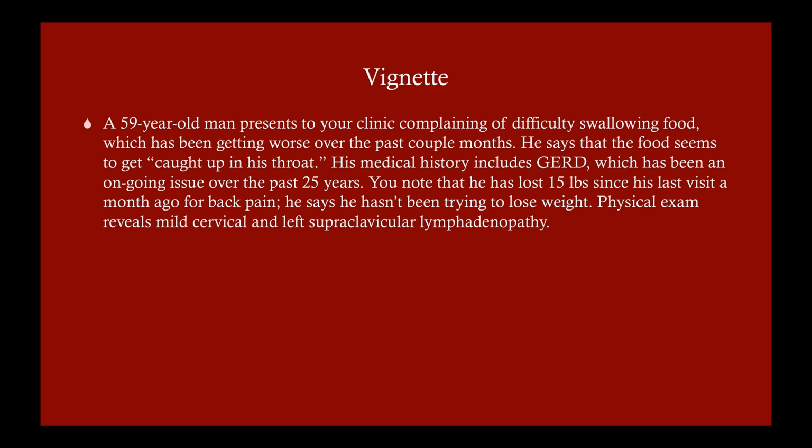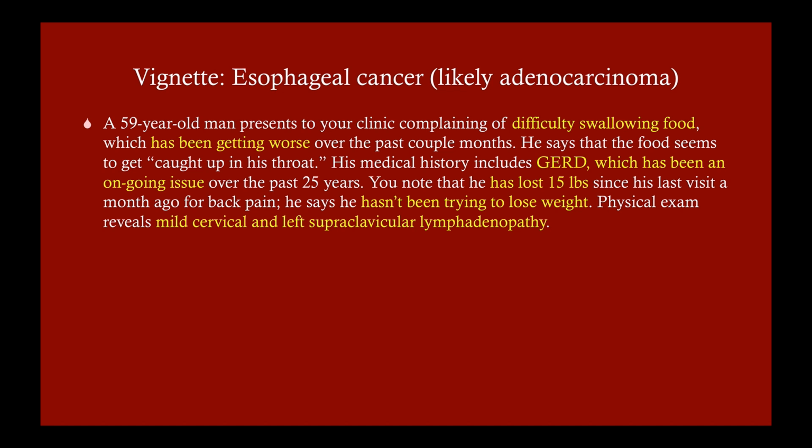All right, so again, another patient coming in with dysphagia. You always want to get a good GI history in that case. We got GERD here. It's been an ongoing issue, and then the really important alarm symptom of unintended weight loss. And anytime you got a patient with unintended weight loss, you better be checking lymph nodes all over the place. And of course, the first place you're going to go is the cervical lymph nodes and the supraclavicular lymph nodes.